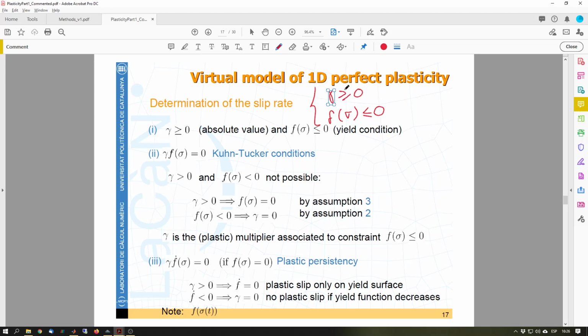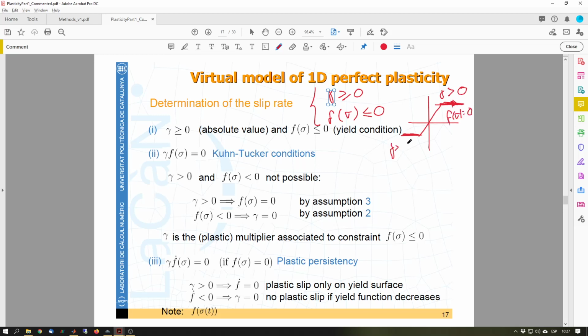And because we know that gamma is only different from 0, positive, whenever we are at the boundary, going back to our drawing, when we are moving on that boundary, gamma is larger than 0 and f of sigma is equal to 0.